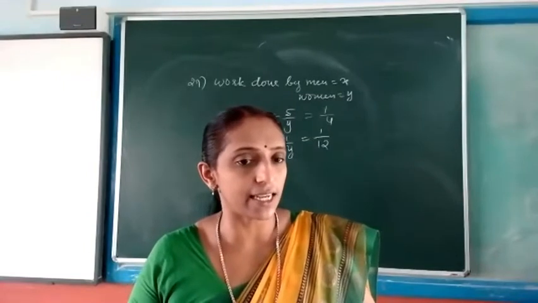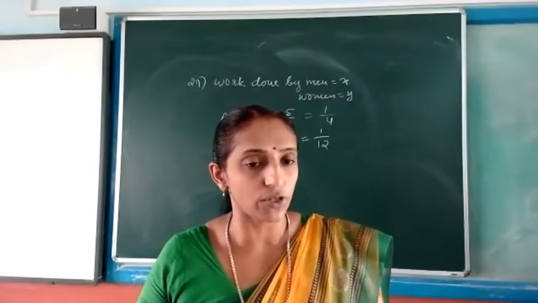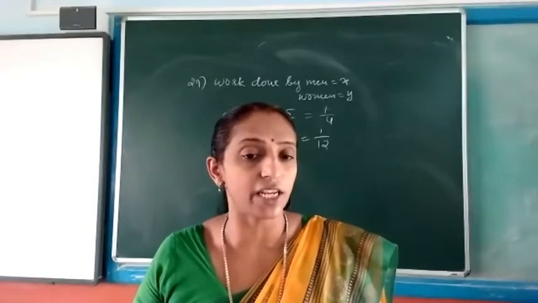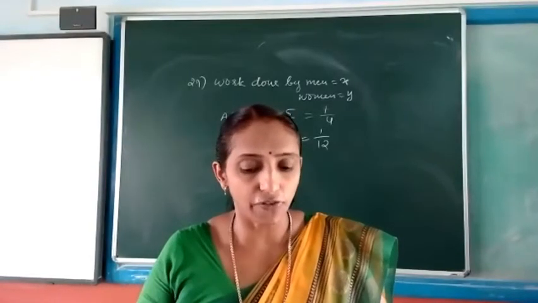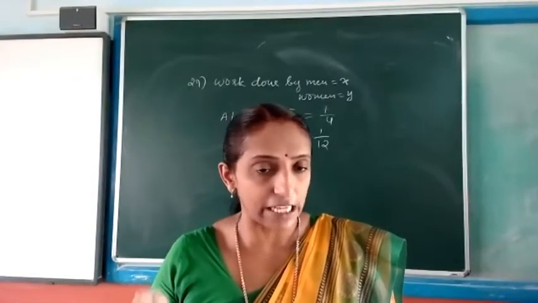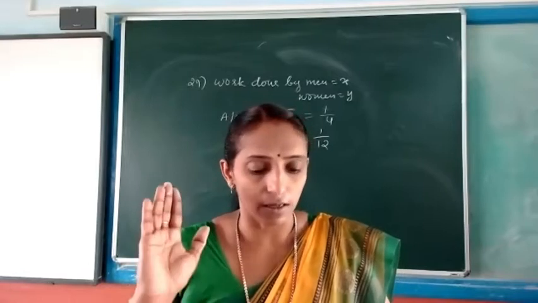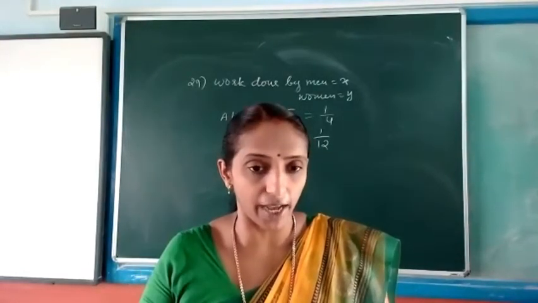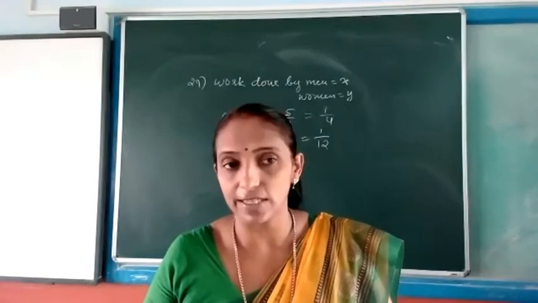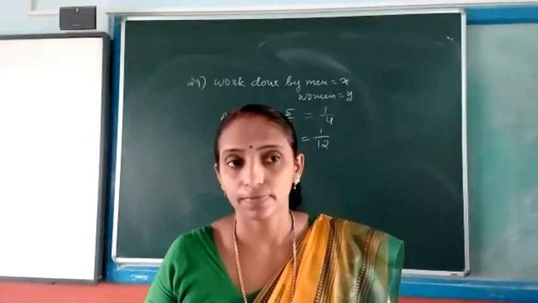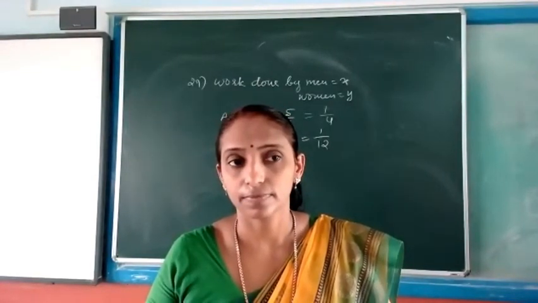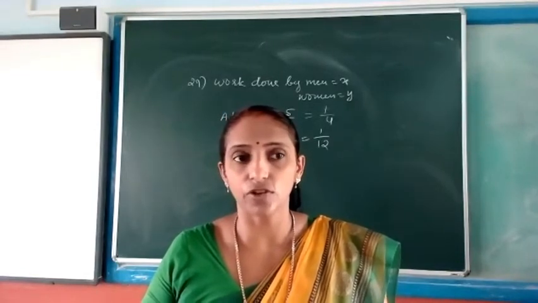Selling a tea set at a 5% loss and a lemon set at a 15% gain. So if you are assuming the cost price of tea set as X and cost price of lemon set as Y, what is the selling price of tea set?